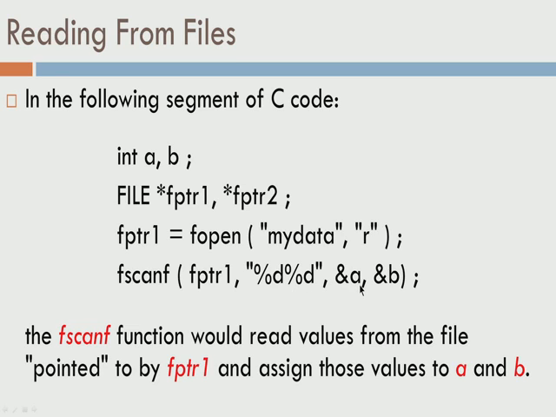So this is very similar to scanf, except that you also pass the file pointer fptr1. So fscanf takes three parameters, one which is the file pointer, two which is the format, three which is a set of variables in which you have to read. So in scanf, all we have done is we got rid of the fptr1 because scanf by default always reads from stdin. So fscanf, once this is over, it would have read two integers from the file mydata.